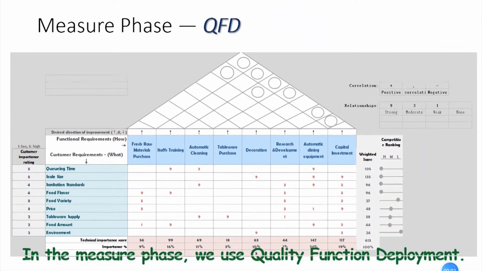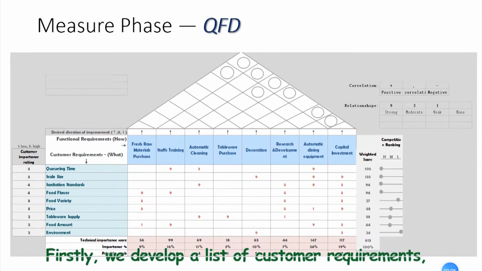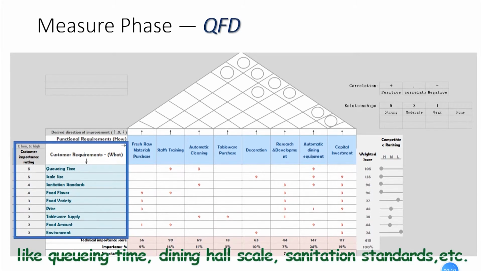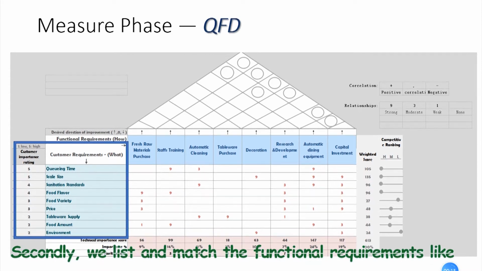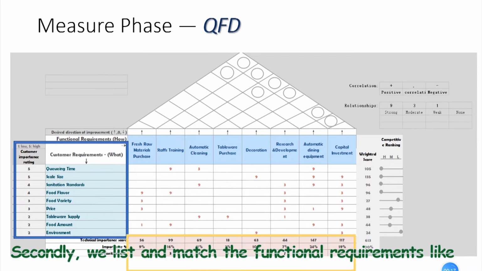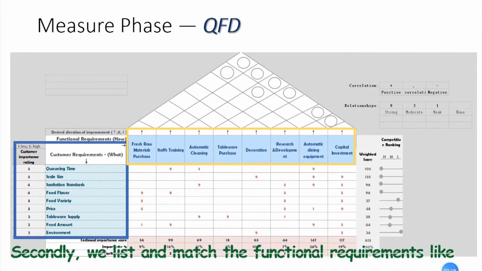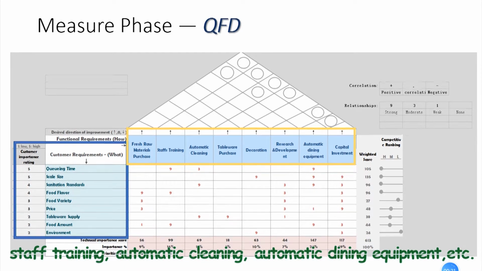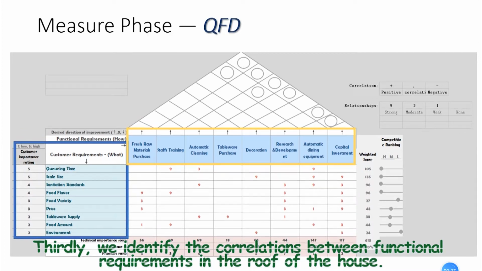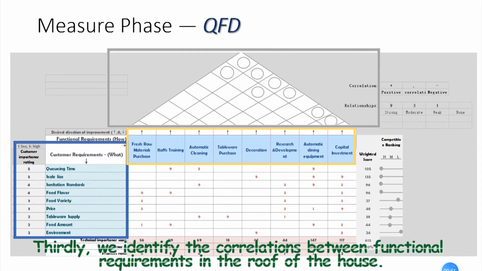In the measure phase, we use quality function deployment. Firstly, we develop a list of customer requirements like queuing time, dining hall scale, sanitation standards, etc. Secondly, we list and match the functional requirements like staff training, automatic cleaning, automatic dining equipment, etc. Thirdly, we identify the correlations between functional requirements and the roof of the house.